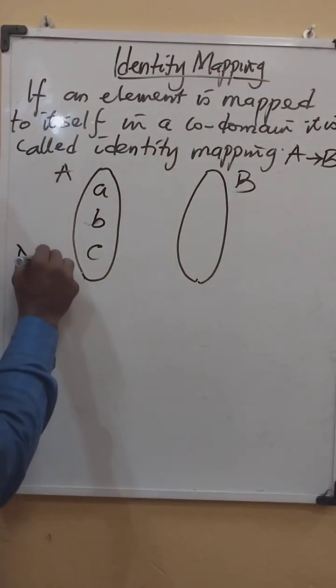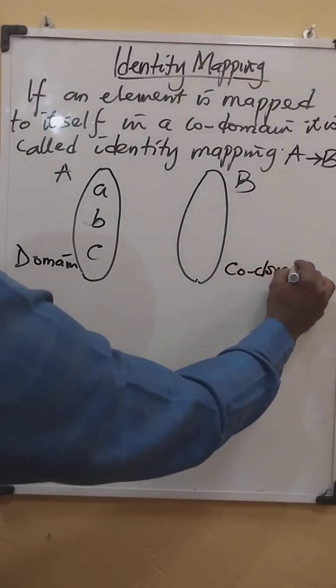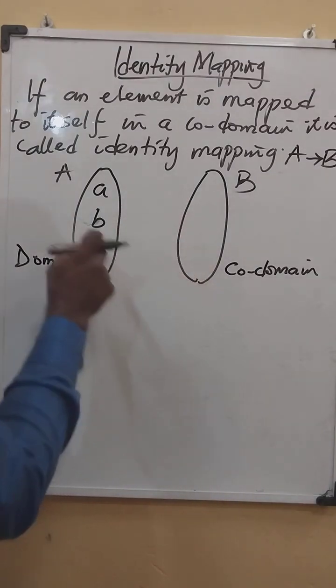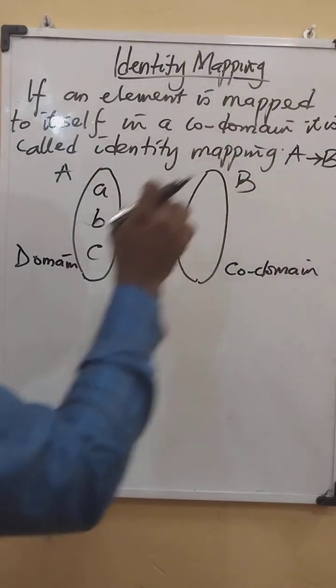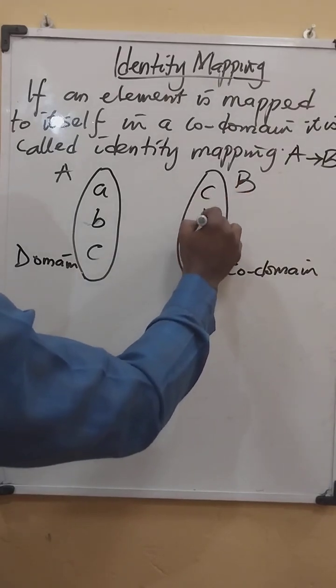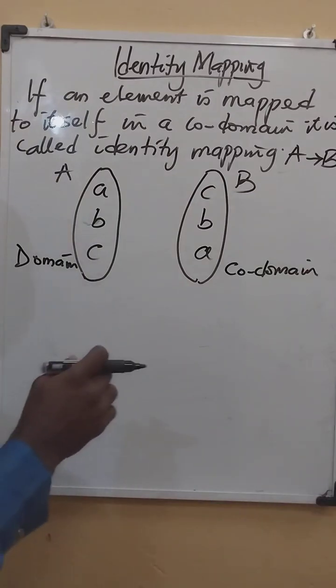Remember, this is the domain, and this part is the codomain. The domain and the codomain. So this is what happens. We would have the elements rearranged, not this way. It's going to now be C, B, A. So this is how the mapping will be done.